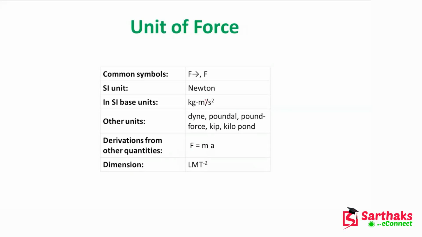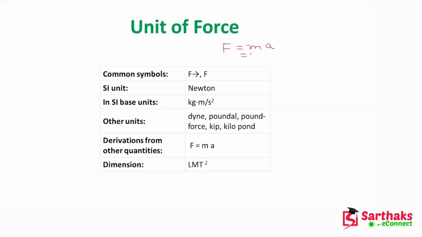Now the unit of the force. Here, the common symbol we are using is F. The SI unit is the Newton, named after Sir Isaac Newton, and the SI base unit is kg meter per second square, because force, later on I will teach this thing, F equals ma.